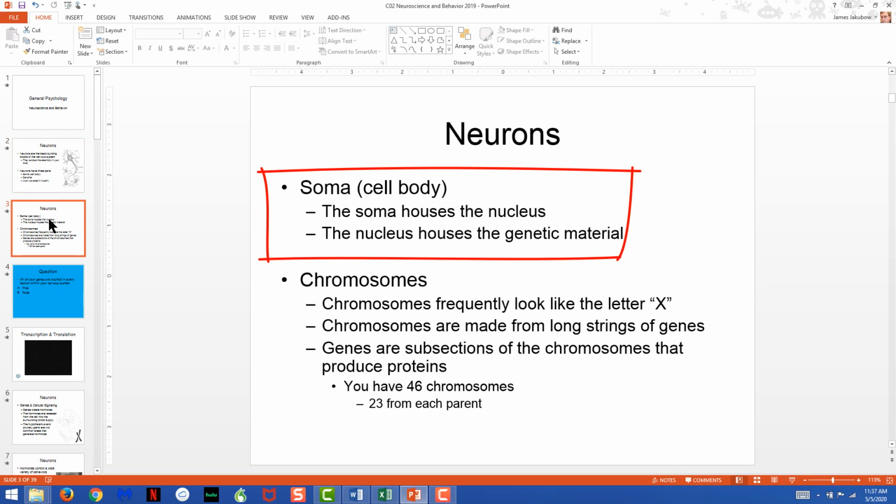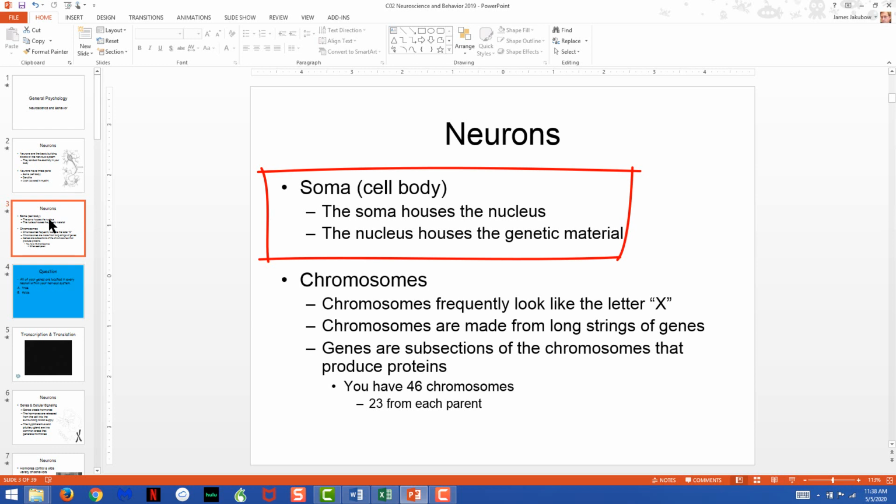So to be clear, these are two names that mean exactly the same thing. And the soma is the place inside of the cell that houses the nucleus, and the nucleus houses all of your genetic material. So the soma itself is always a swollen section of the cell.